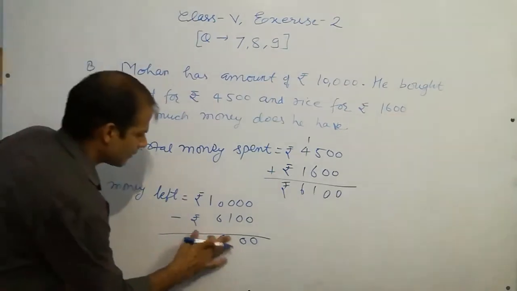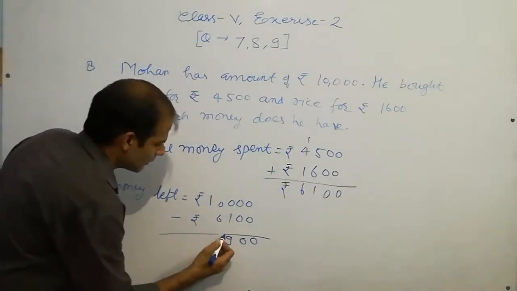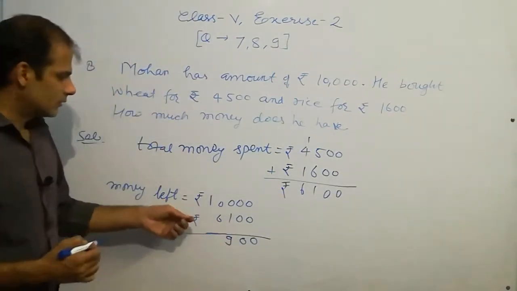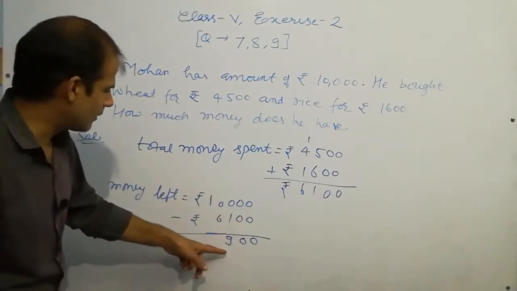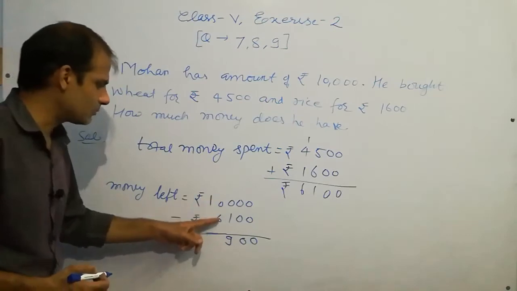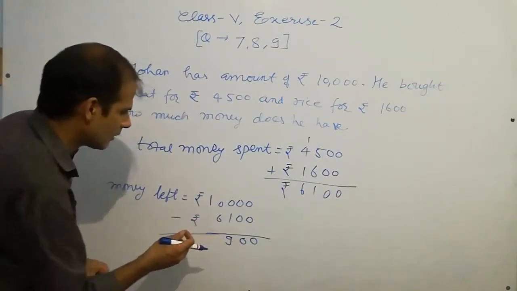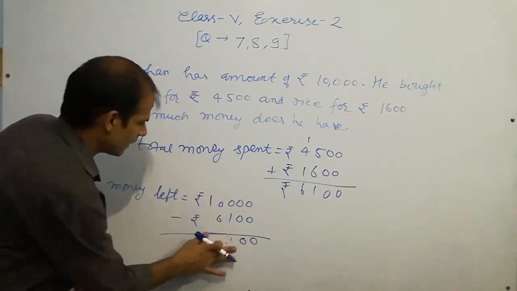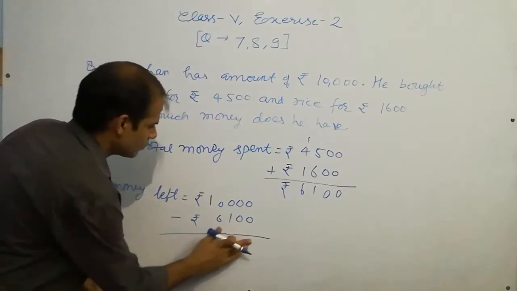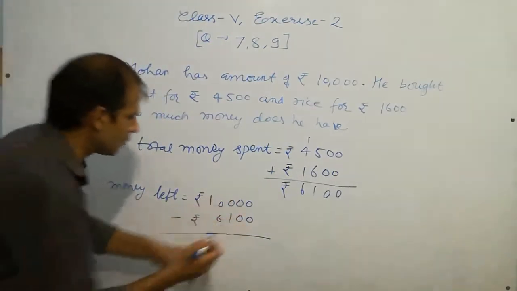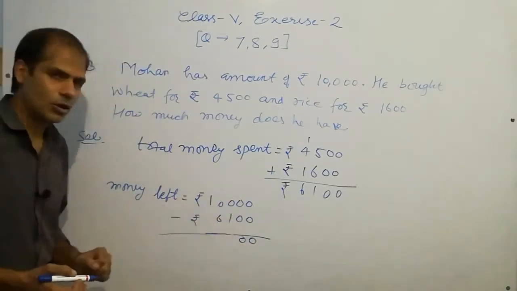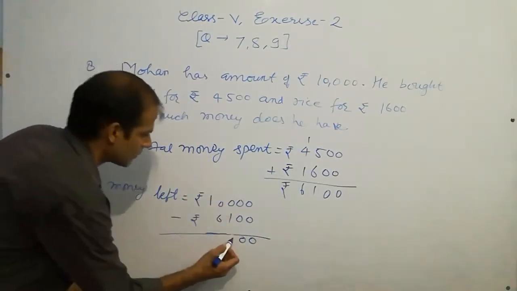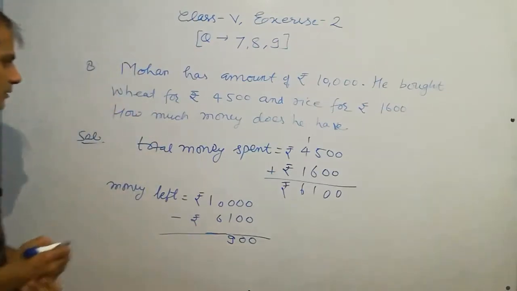Wait, let's do it again, okay. 0 minus 0, 0 minus 0, 0 minus 1 not possible, so it becomes 10.